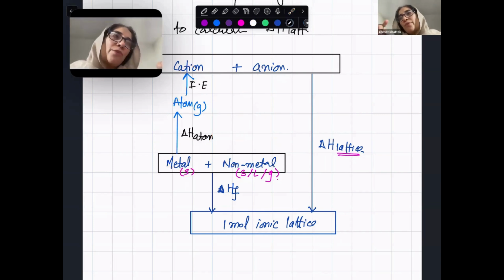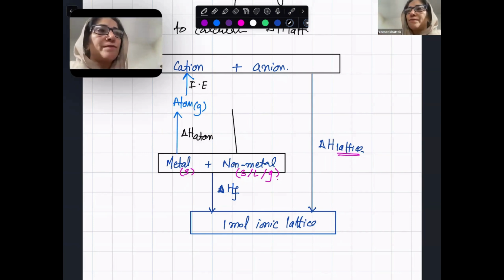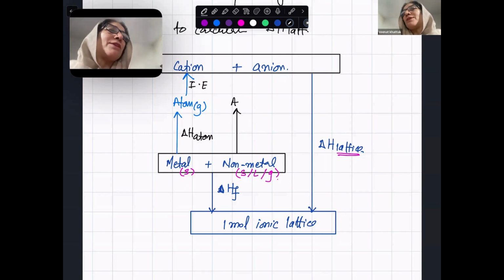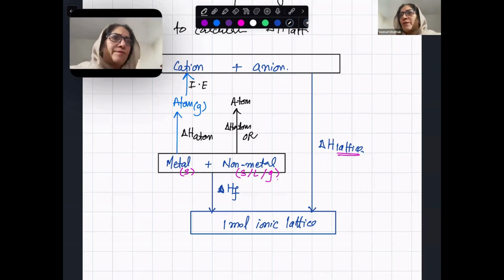Now, to convert the non-metal into atom, there are two possibilities. You can directly turn the non-metal into atom. This is delta H atomization. Or first you have to convert the non-metal into a gaseous molecule, and then the molecule turns into atom.